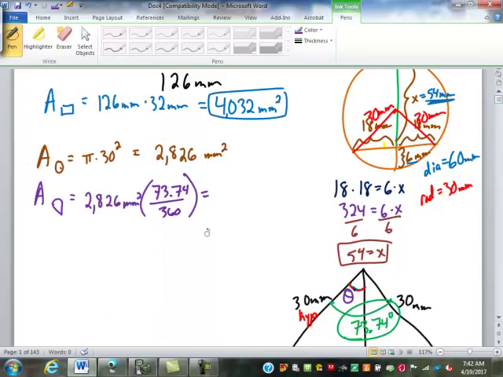So 578.86. That's the area of just this sector.